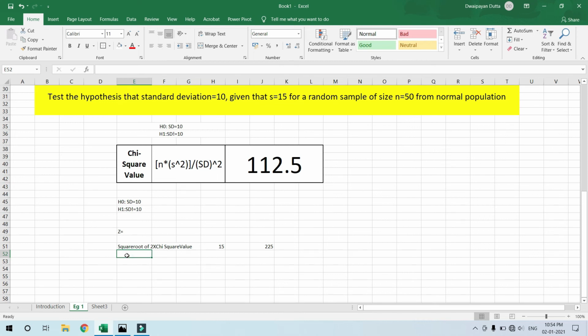Again, what is n? N is the total number of observations. So 2 into n is 2 into 50 minus 1, that is 99.